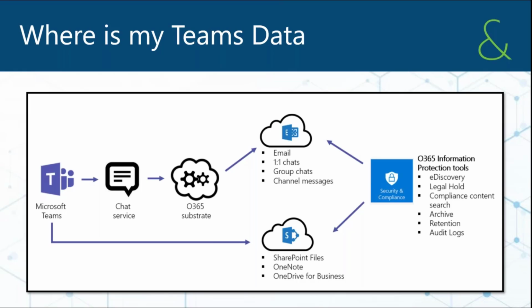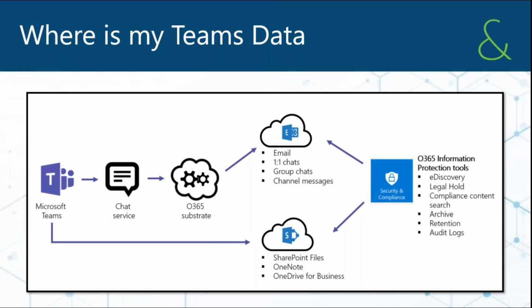And I don't know that everyone realizes that chats are stored in Exchange Online, and files are stored in SharePoint Online. If you share a file in a chat, that file is stored in OneDrive for Business. So you have all these powerful tools behind the scenes. How do you control all of that data?